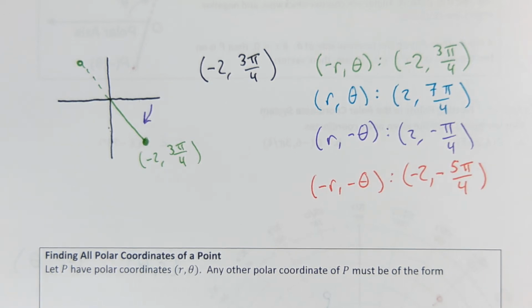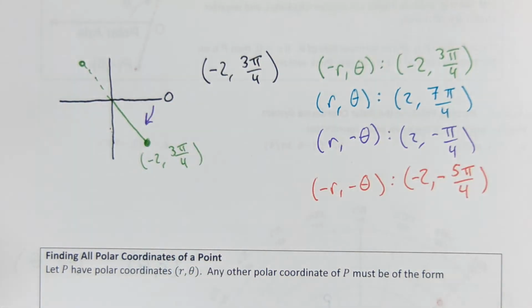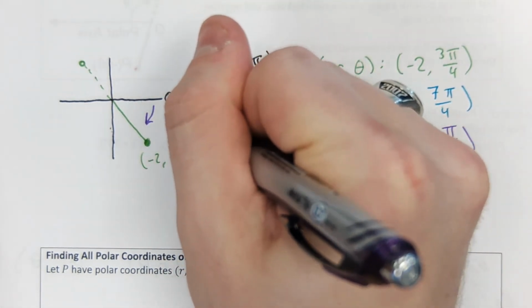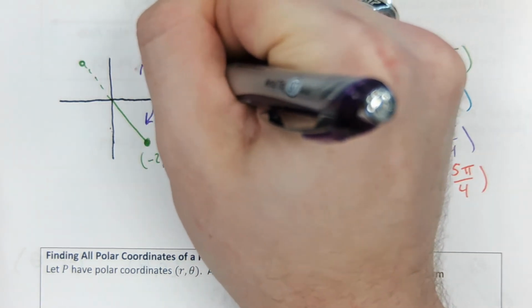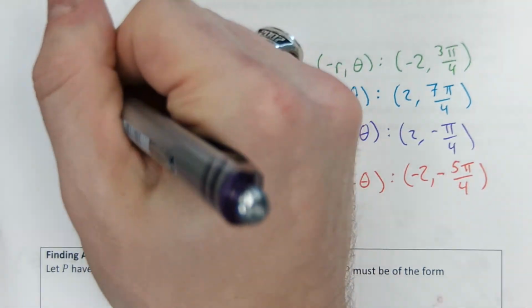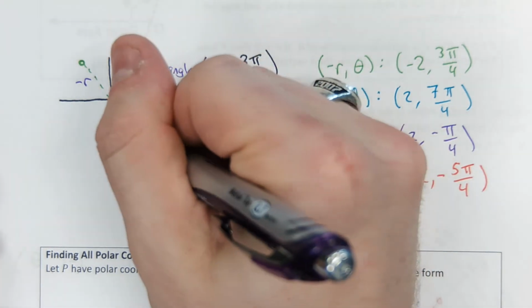Which part? Everything starts at 0. And turning clockwise is negative angles. Turning counterclockwise is positive angles. Landing here is negative radius. Landing here is positive radius.